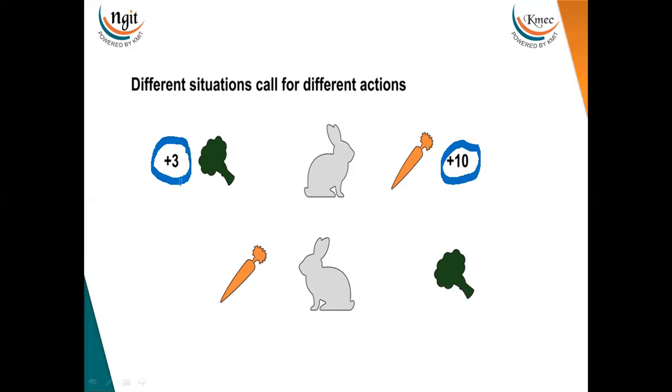Now, by looking at these two foods, what we understood is that when he eats carrot, he will get the maximum reward. So he should give preference to eating carrot. But the current action of the rabbit eating the carrot is affecting the future.